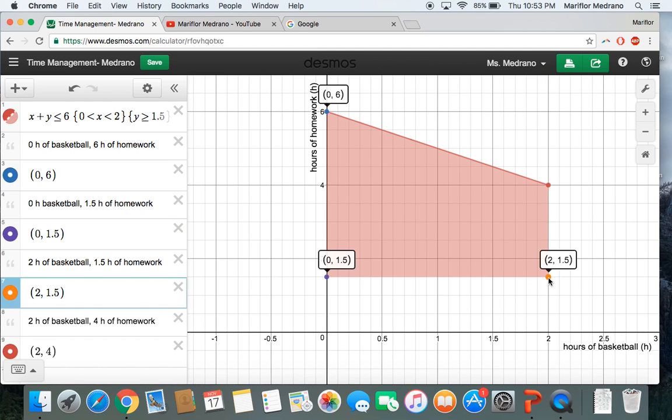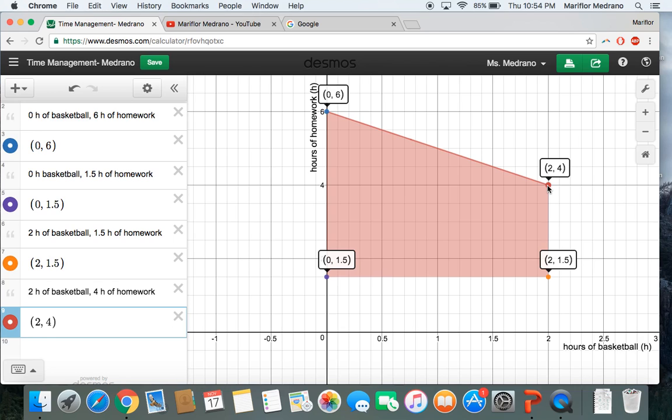This would mean that I played my maximum hours of basketball, which would be 2, and completed the minimum amount of 1.5 hours of homework. And here I played the maximum amount of basketball, which is 2 hours, and then the rest of the time I filled with completing homework for 4 hours.